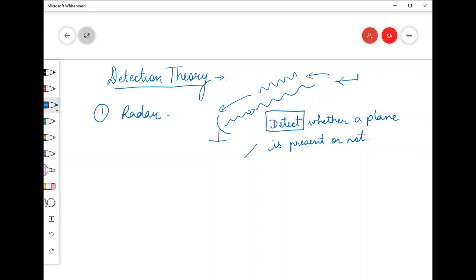This problem also decomposes into finding whether noise was detected or signal plus noise was detected.